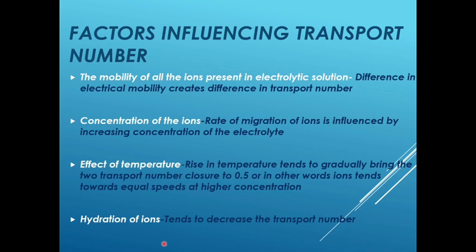The variation of transport number with concentration is given by n equals n naught minus a under root c. इसका क्या मतलब हुआ? It is directly proportional to the root c. यहाँ पे n और n naught क्या है? These are the transport numbers of the given ion in a solution of concentration C.